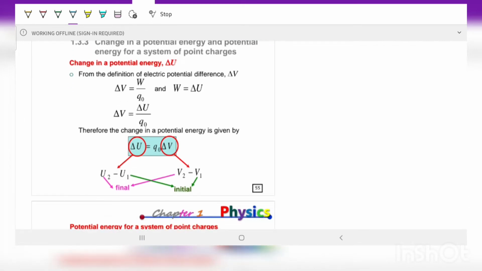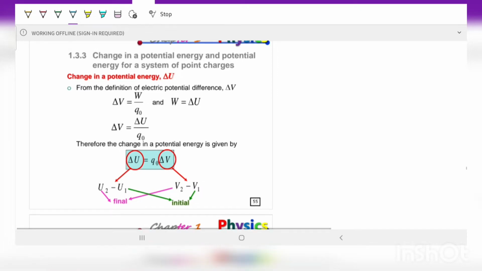Next, kita sambung charge in the potential energy delta U. So mana datang delta U? Daripada definition of potential difference delta V sama dengan W over Q naught, dan W sama juga dengan delta U. Kenapa? Ini awak dah jumpa konsep ini dalam topik 5, work energy theorem. So ni unitnya work done joule, dan unit for energy pun sama joule.